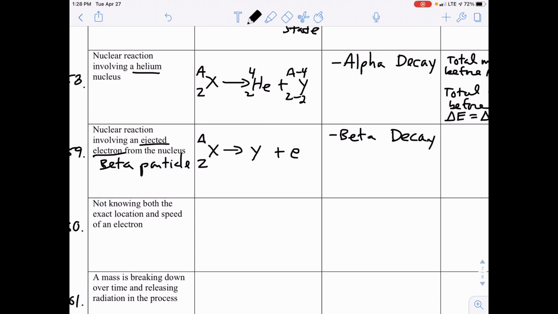The beta particle has no relative mass at all, so we're going to put 0 up there, and it has a -1 charge because electrons are negatively charged. Now you can see if this is 0, that means whatever the atomic mass is, that's going to be the same up here too. But it also means since this is a -1, this is going to be Z plus 1. You're going to add 1 to the process.